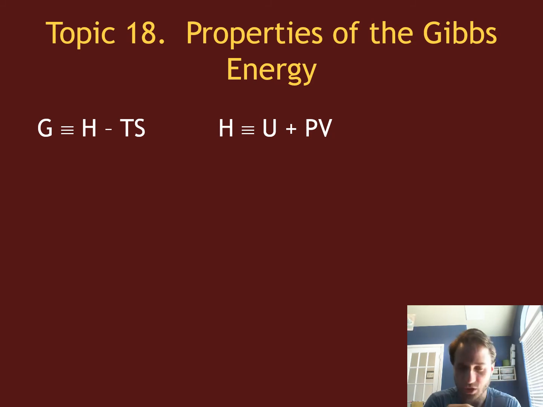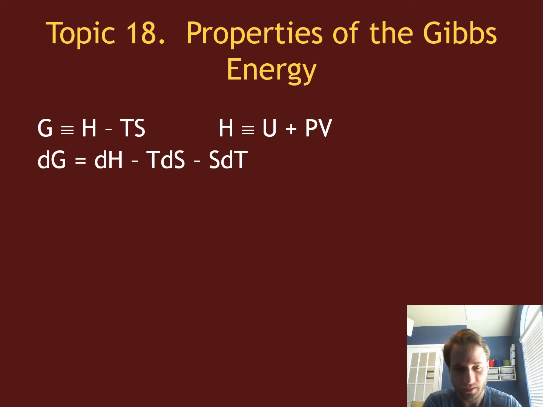So we'll show where the Gibbs Maxwell relations come from, as well as the fundamental equation, if you will, for Gibbs free energy. The definition of Gibbs free energy is G equals H minus TS, and the definition of enthalpy is H equals U plus PV. So taking the derivative of G, dG equals dH minus TdS minus SdT.